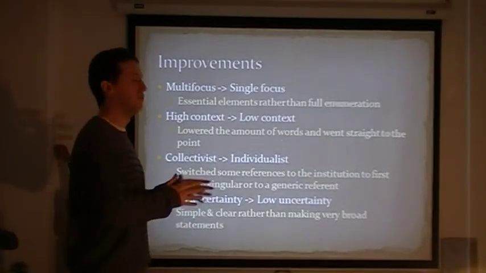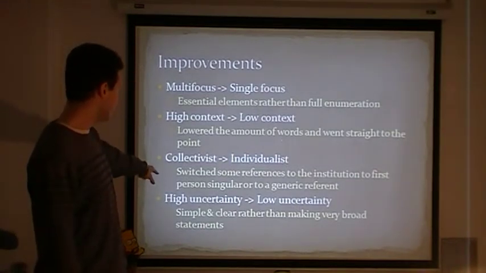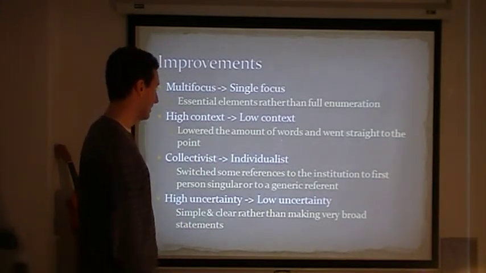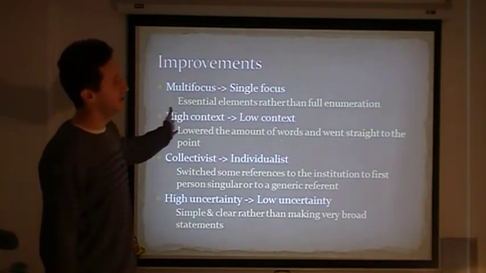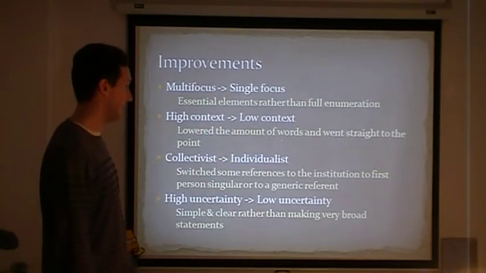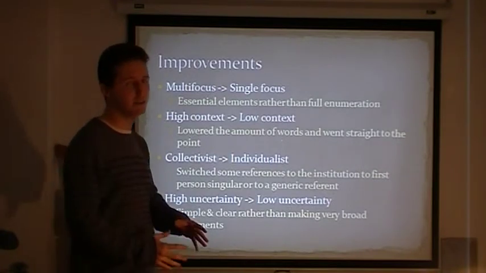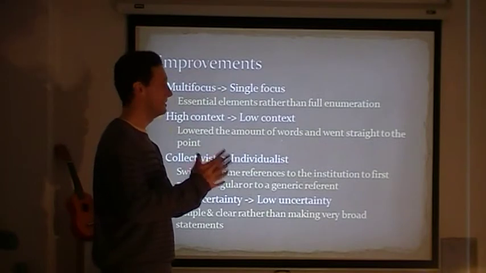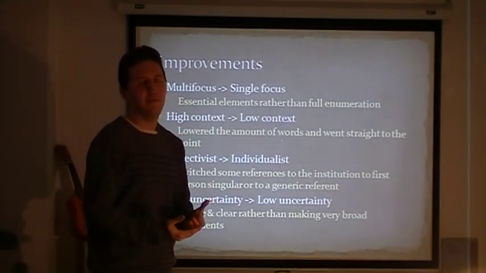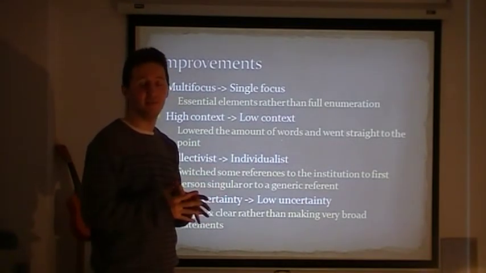I'll go through, so, the value dimensions on the left are the ones which are very reminiscent in the Spanish version, and the ones that I have tried to move onto a more standard version. The first one would be time, and I've tried to change it from being very multi-focus into a more single focus approach, which is also generally, if we were a newcomer to the university, we would like to see the information straight to the point.